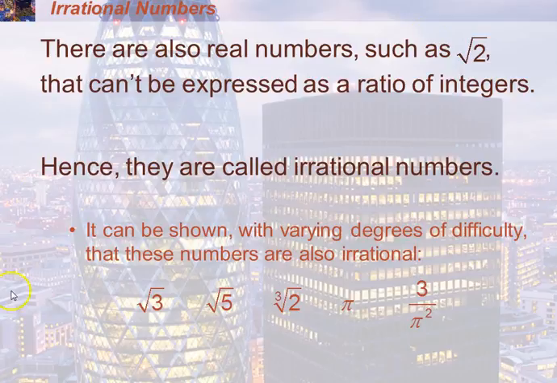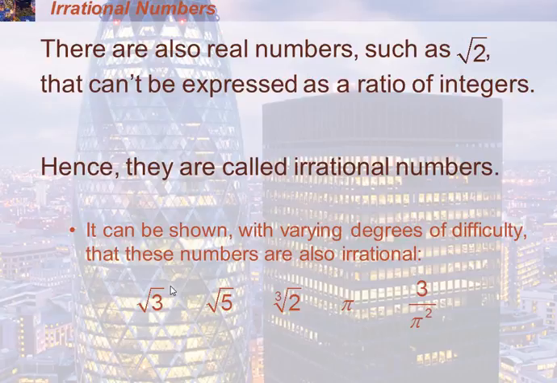So if you type these in a calculator, like the square root of 3, the square root of 5, the cube root of 2, or that number you've all heard of, pi, or 3 over pi squared, you're going to get something that doesn't follow any patterns. The square root of 3, I'm not using a calculator, but it's probably going to be like 1.6733. It's going to be numbers that don't repeat and don't stop.